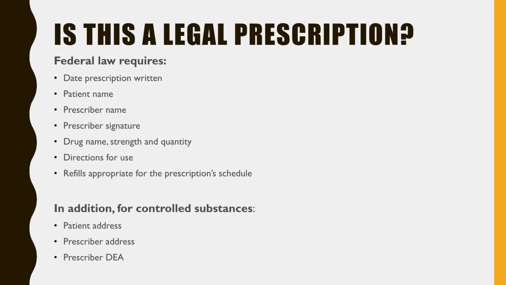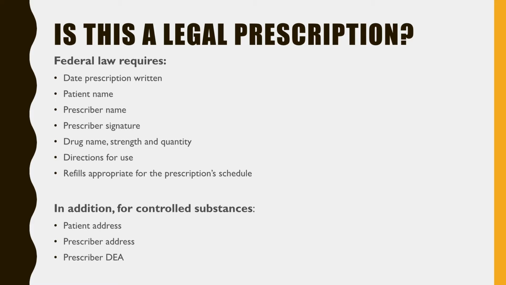For this reason, federal law also requires that the first fill of a prescription be within 120 days of the written date. Federal law also requires the patient's name so that we can ensure the prescription is given to the correct person. Prescriber's name and signature are required so that we know who authorized the prescription if we need to contact them for clarification or to request refills when the prescription runs out.